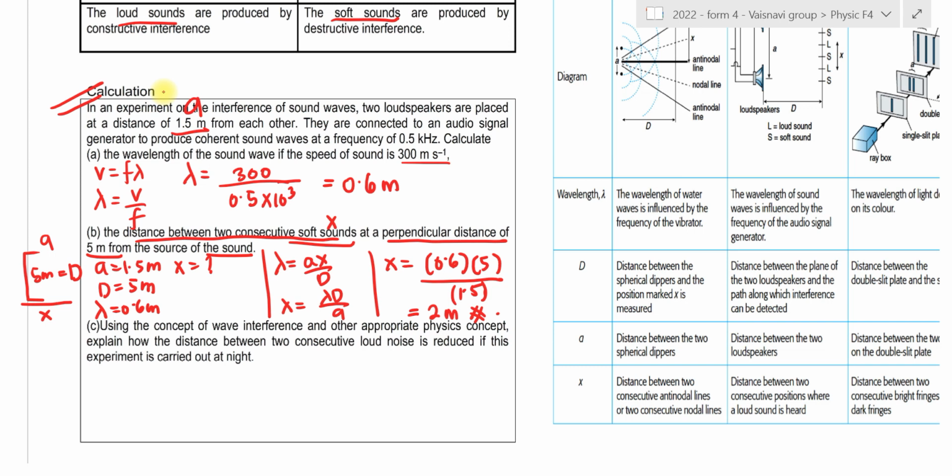Using the concept of wave interference and other appropriate physics concept, explain how the distance between two consecutive loud noise is reduced if the experiment is carried out at night. Macam mana kita nak kurangkan distance between two consecutive loud noise?